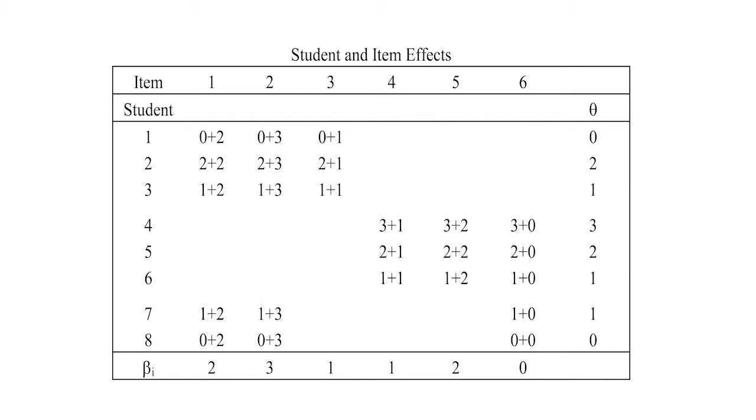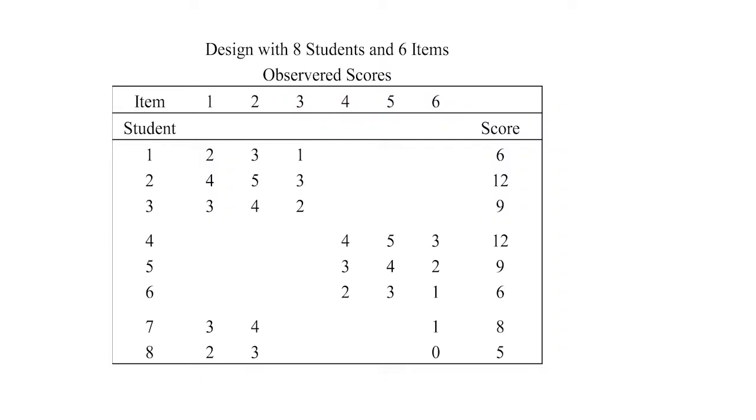Then it turns out that this very simple model can represent my data, because if I go one step back, you will see that the data, these are my responses, are perfectly represented by this model.